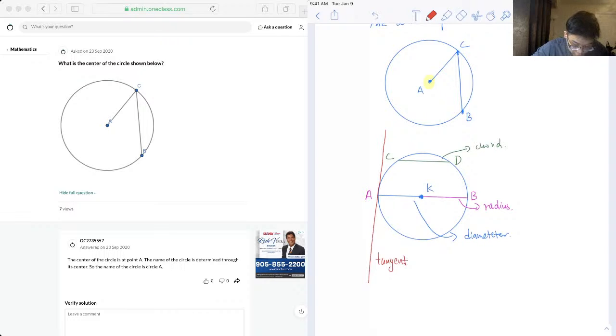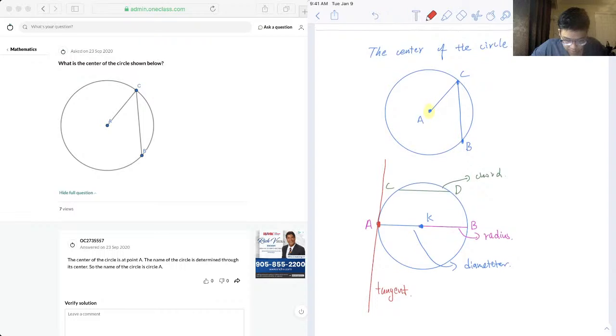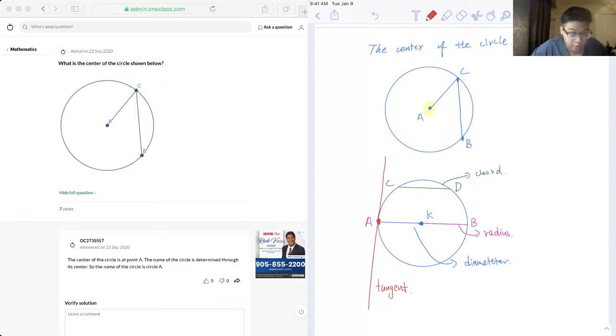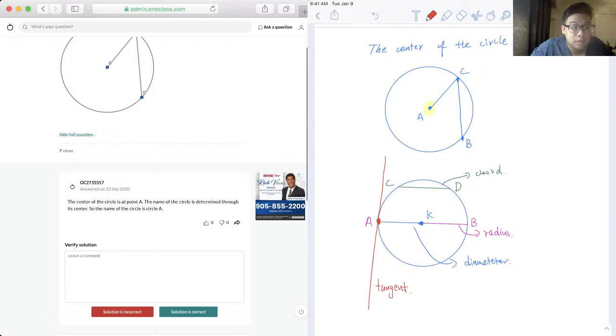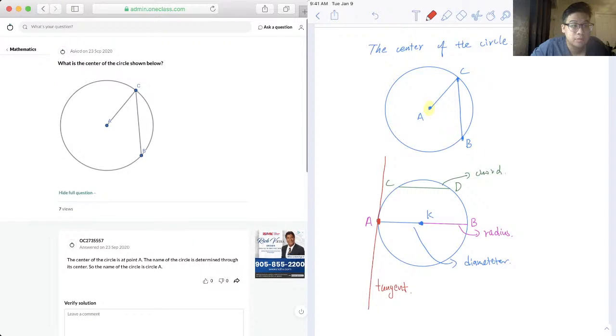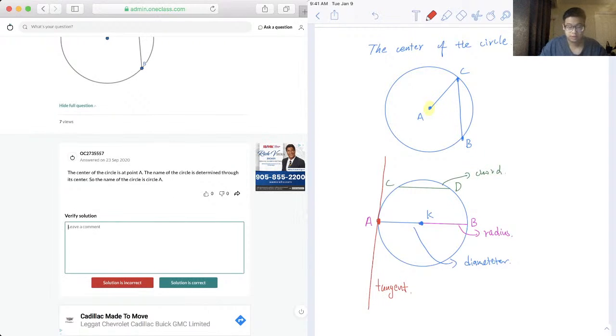It only crosses one single point of the circle. Right. So those are some common names or terms we use for a circle. Okay. And so the center of the circle, what is the center? Right. So we'll leave a comment there.